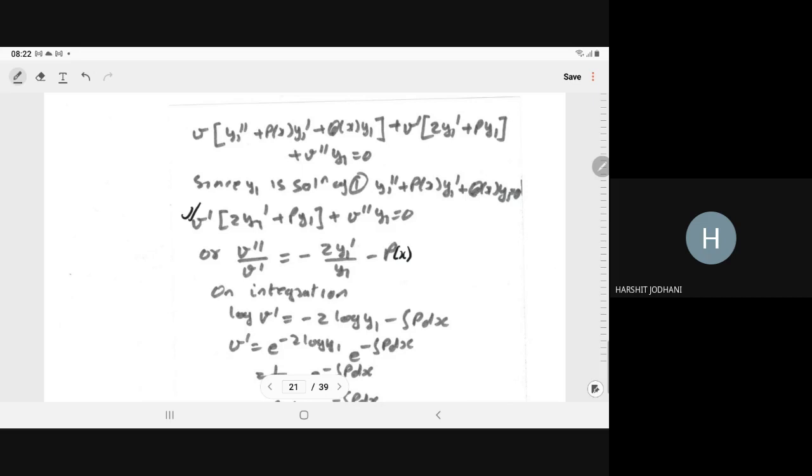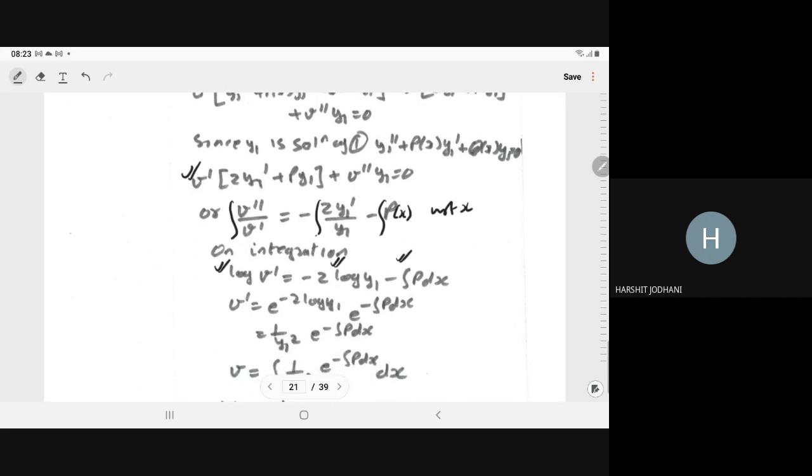Now that we have separated, when we integrate with respect to x, we will get log of v dash equals minus 2 times log of y1 minus the integral of p dx.